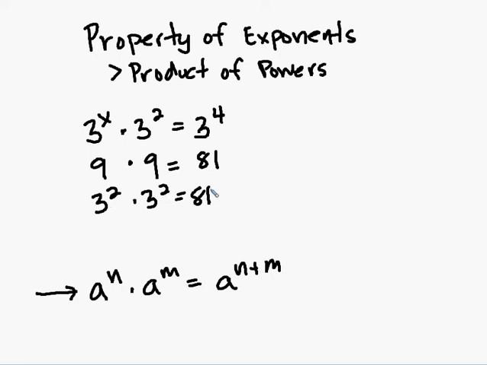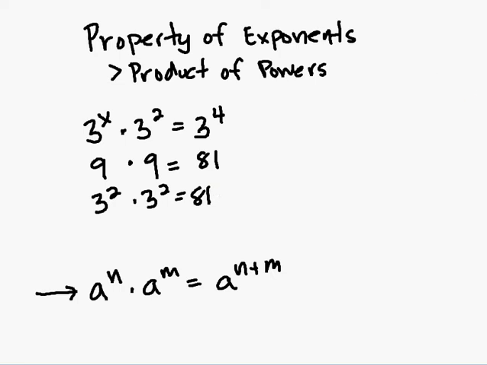Now if you remember, as we discussed exponents several months ago, we learned about the product of powers property of exponents. And that said that a to the n times a to the m is equal to a to the n plus m. And we're going to use that property now to solve for variables as exponents.